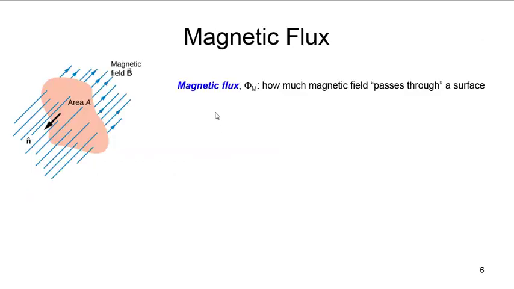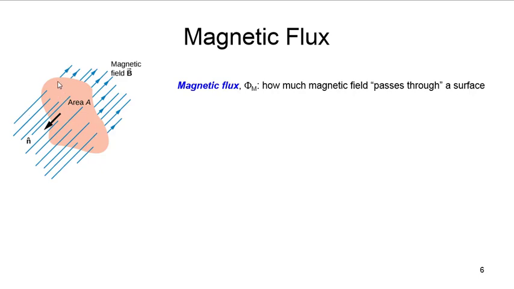So let's look a little bit more at magnetic flux. We're going to define magnetic flux just like how we defined electric flux a long time ago when we learned Gauss's law. The Greek letter phi means flux, and then sub m because we're talking about magnetic flux. It just measures how much magnetic field passes through a surface.